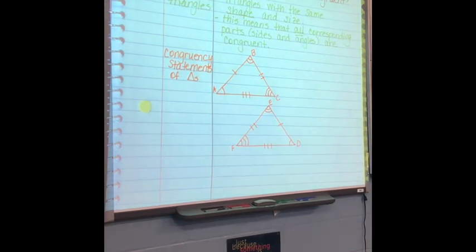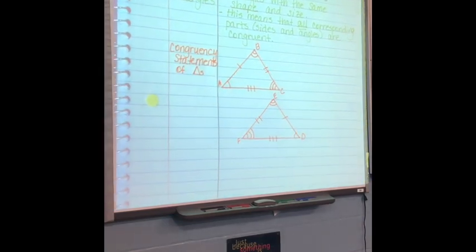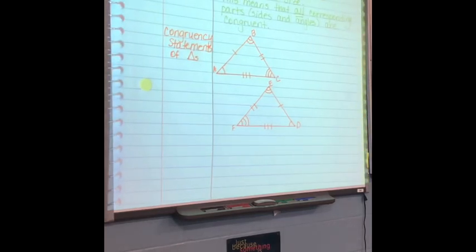And so when I'm looking at these triangles and trying to determine congruency, I have to note that a valid congruency statement must match up all the corresponding parts.